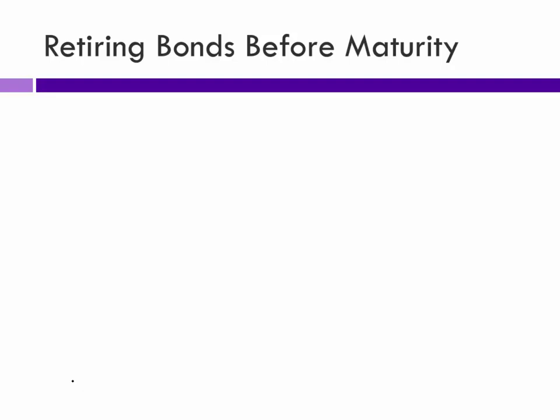Sometimes, though, bonds are what we call callable. If the bond is callable, that means the person who issued the bond, the debtor, the person borrowing, can pay it back before the maturity. Now, obviously there's a lot of reasons they might do this.